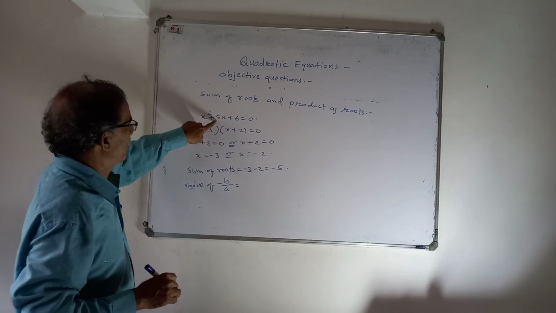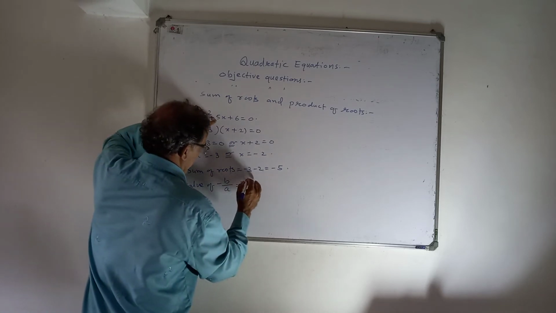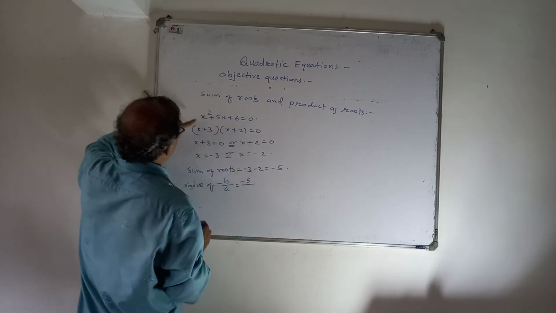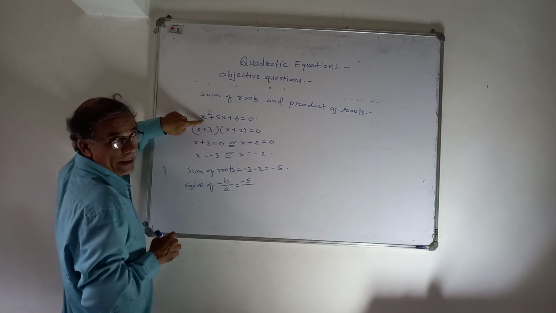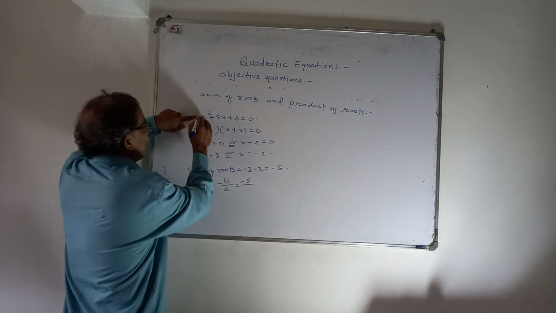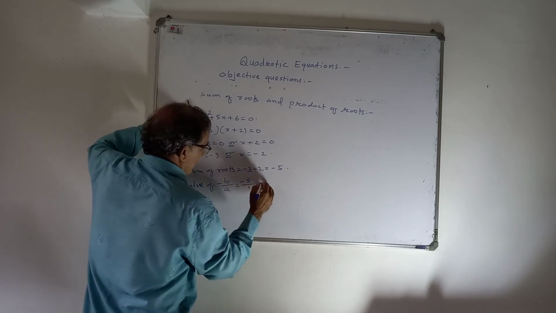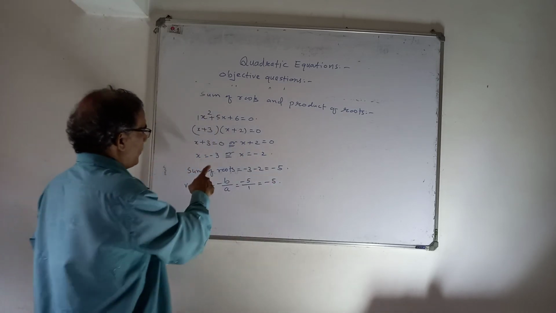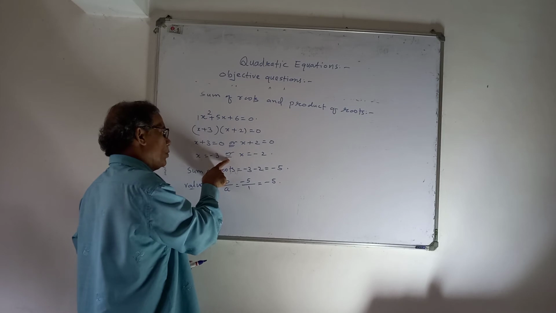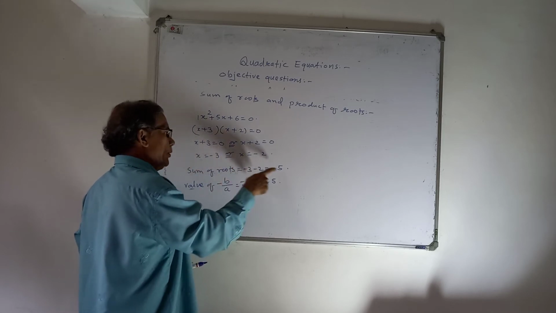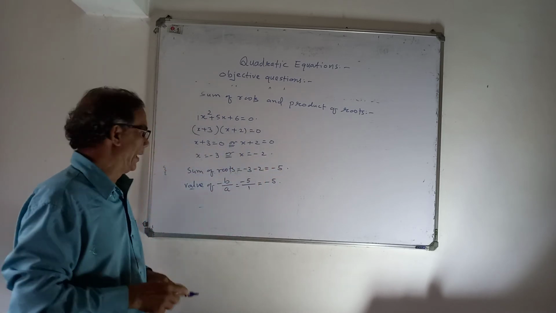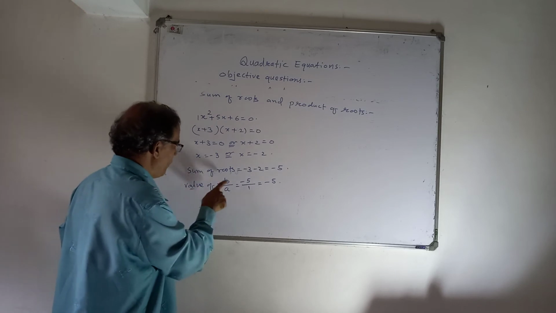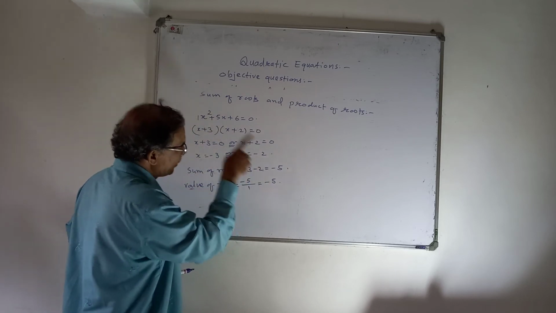What is the value of b here? 5. So minus b means minus 5 upon a. a means coefficient of x square, which is 1. So upon 1. So what is the answer? Minus 5. See, sum of roots: you are finding the roots and adding the roots, you get the sum minus 5. And when you are finding the value of minus b upon a, it is also minus 5.